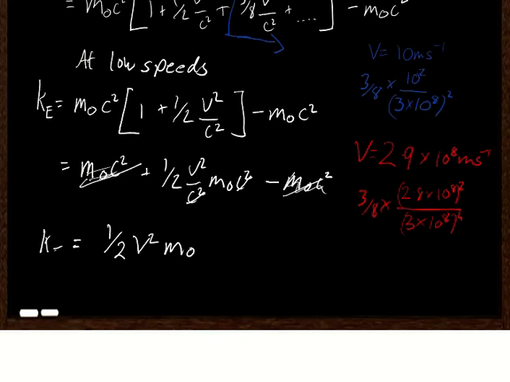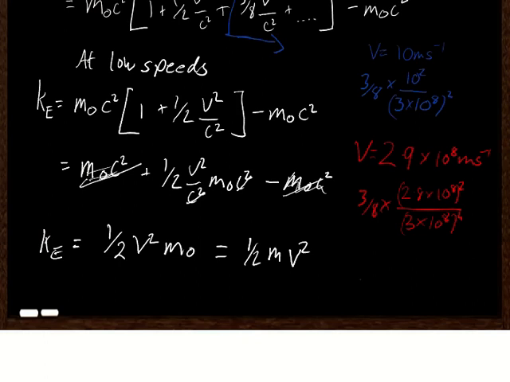Remember, this is for the kinetic energy of a particle. So, rearranging that slightly, you can imagine where this is going. I'm going to replace m0 with m here, just for the sake of clarity. And we're left with a half mv squared, which, if we go all the way back to the top here, is what we started with.